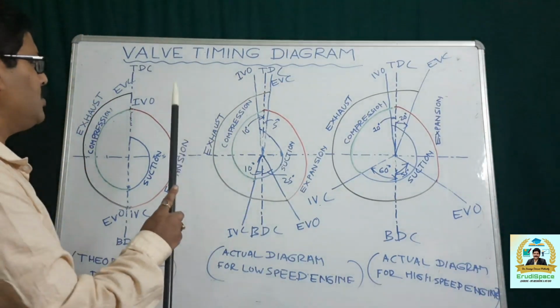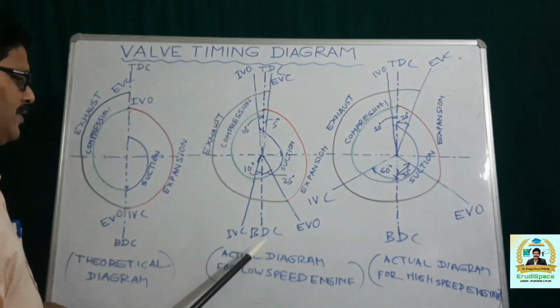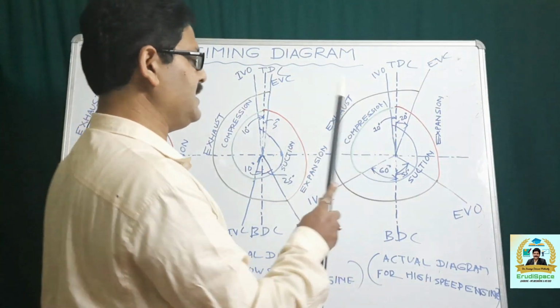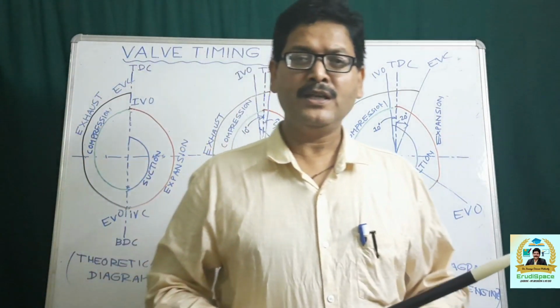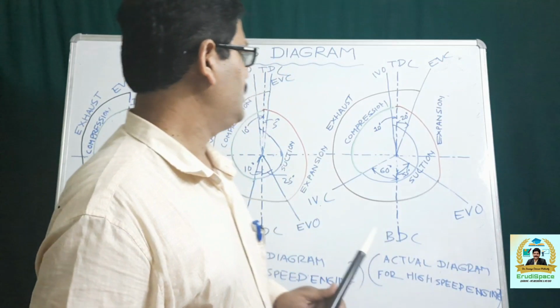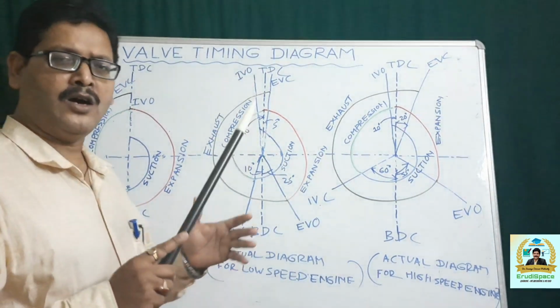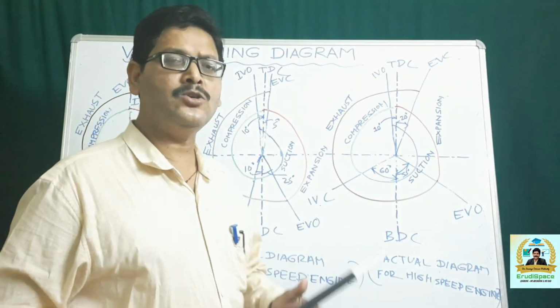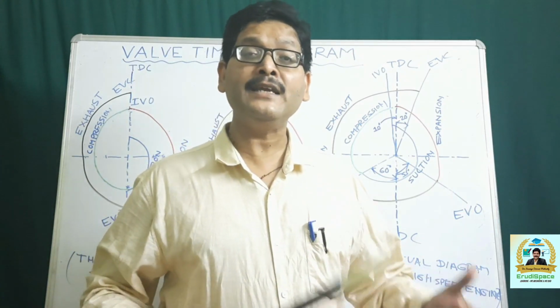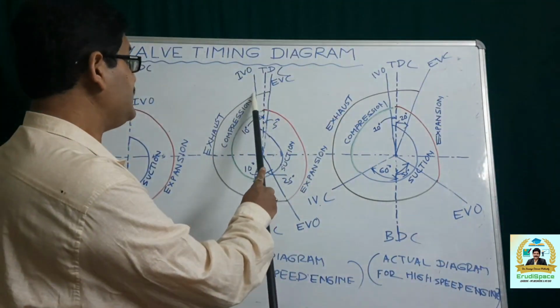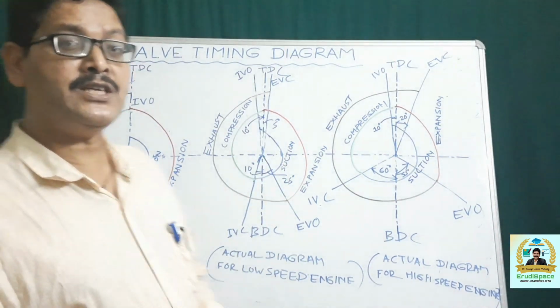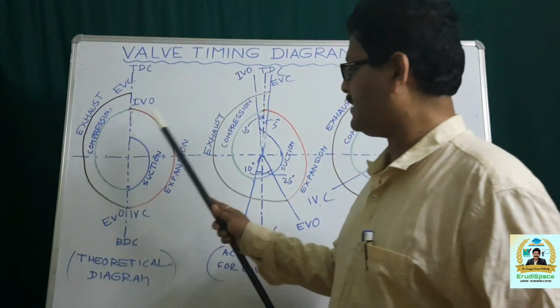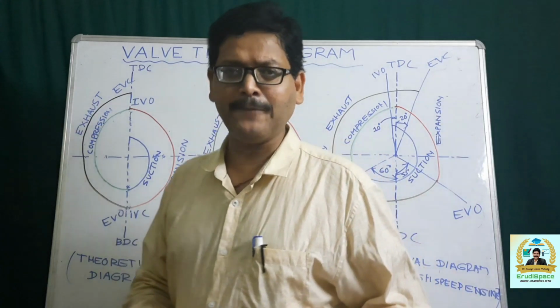So both in case of low speed engine as well as high speed engine, there is a period in which both the suction or the inlet valve and your exhaust valves are in open position. This is known as your valve overlap, which is not being observed in case of theoretical diagram.